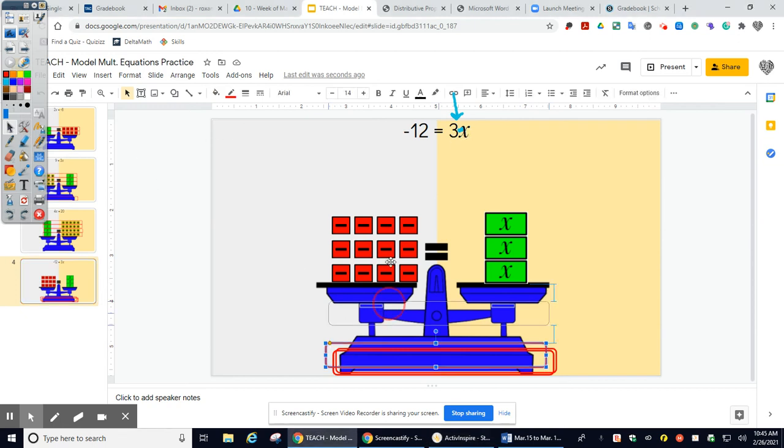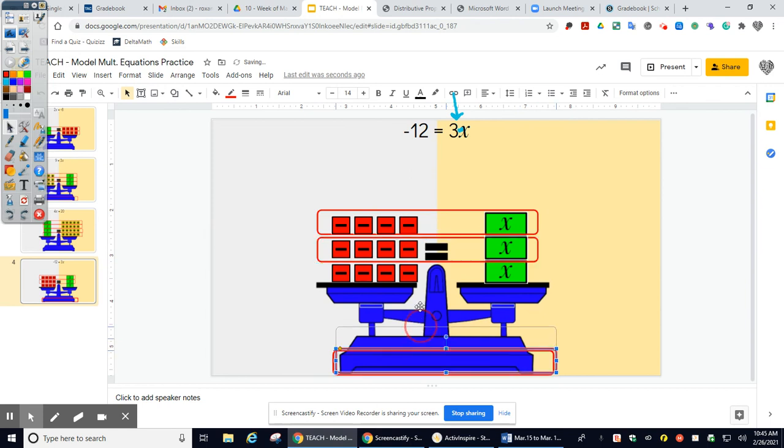So we're going to take this picture and divide it into 3 equal parts. We can clearly see that each group has 1x in it, and each group also has 1, 2, 3, 4 negatives in it.